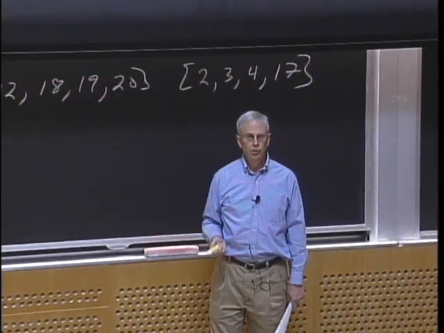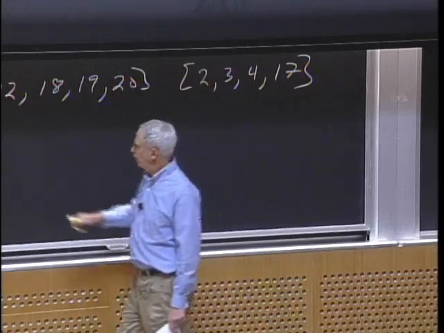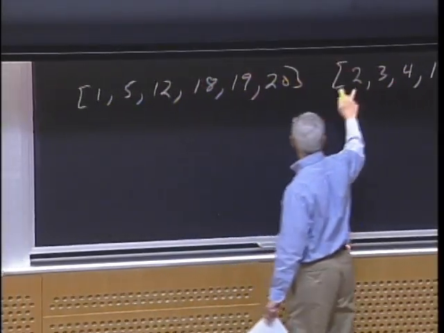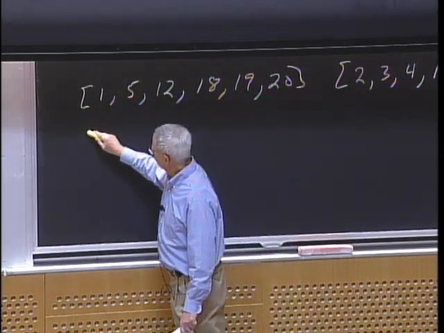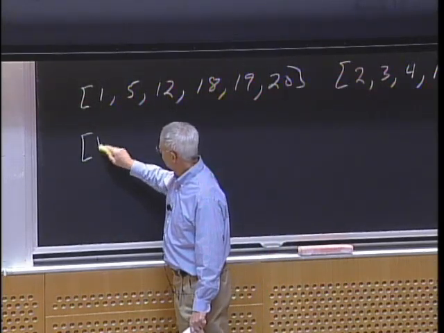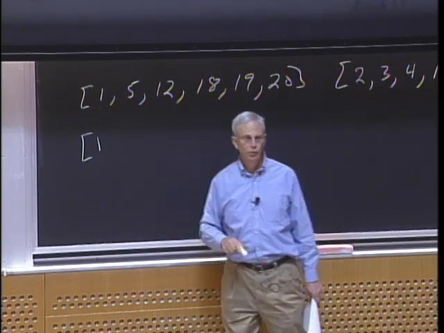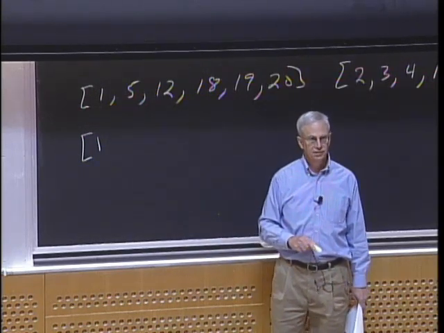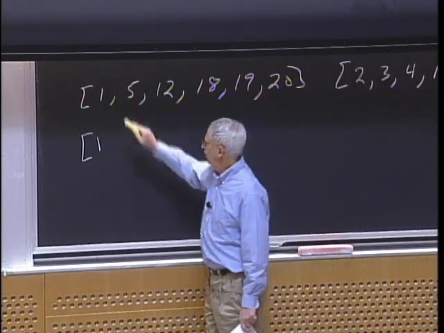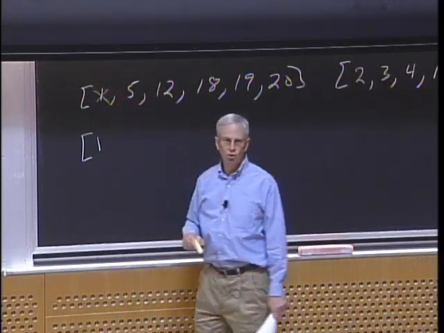So the way you do the merge is you start by comparing the first element to the first element. And then you choose, say, all right, 1 is smaller than 2. So that will be the first element of the merge list. I'm now done with 1, and I never have to look at it again.